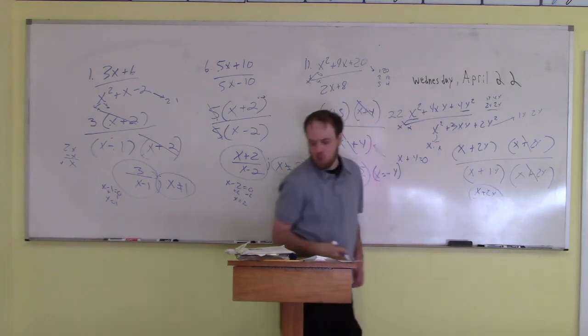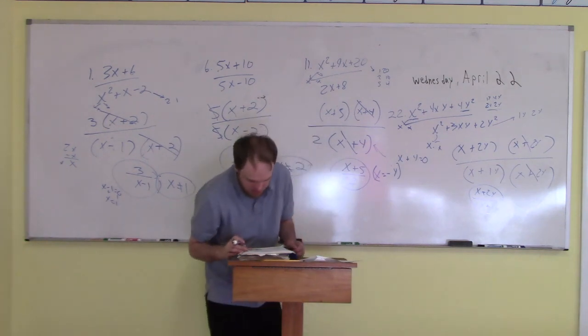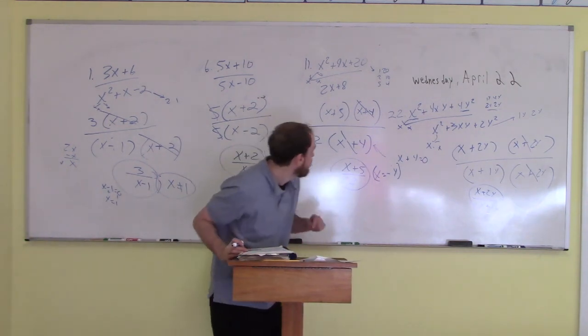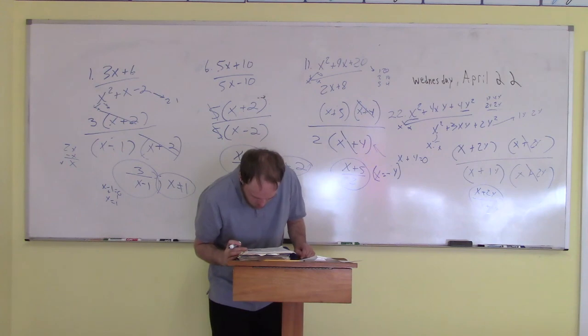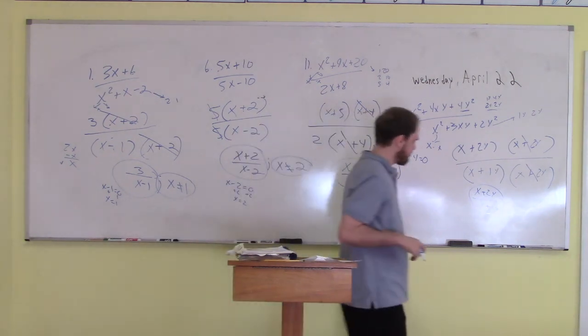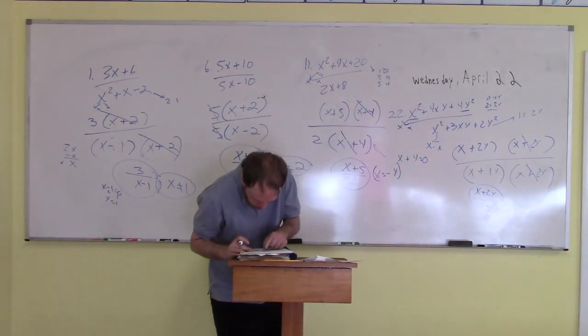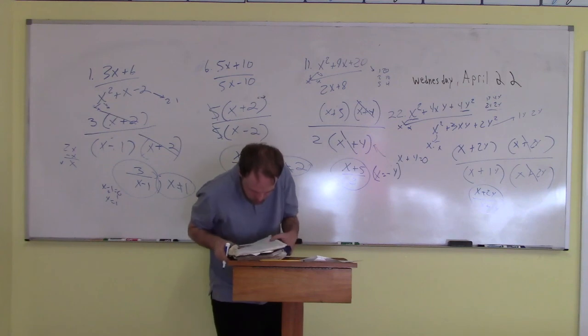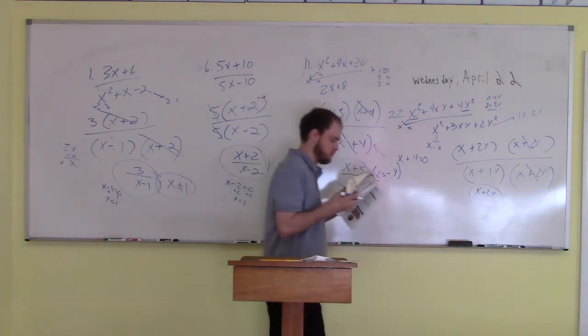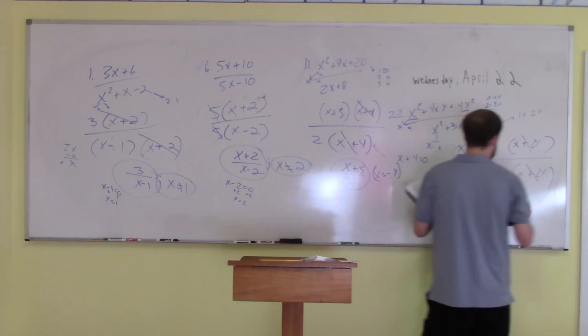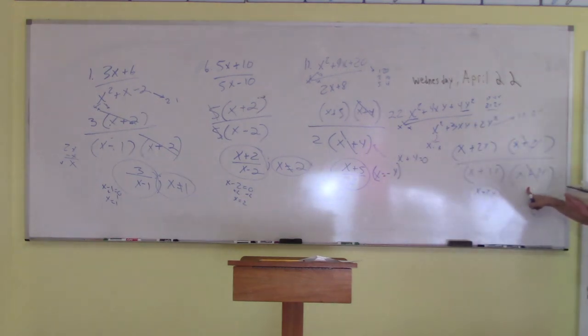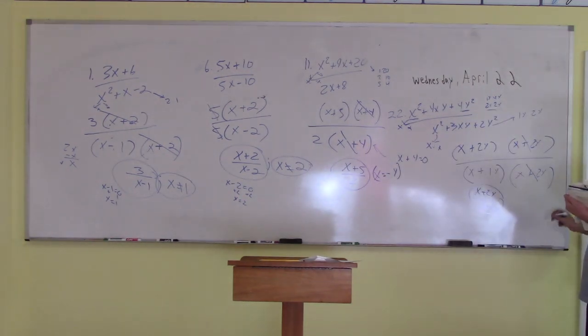Now I just have to figure out what x cannot equal. This was number 22. So you have to keep in mind what we ended up canceling, x plus 2y.